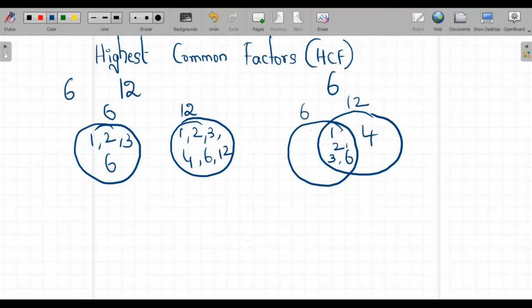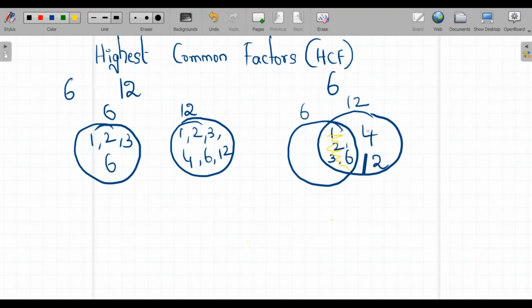However, for 12, you have a 4 and a 12. You get what I'm saying? So in this diagram, this shaded area lists all the factors that are common to both 6 and 12. This area is common to both 6 and 12. Fortunately, all the factors that are there for 6 is also there for 12. So here you don't have anything different.